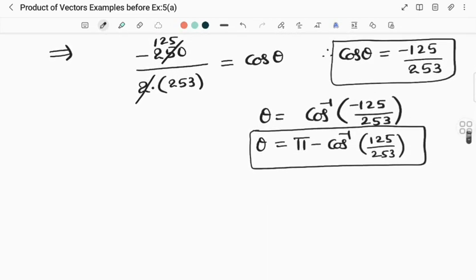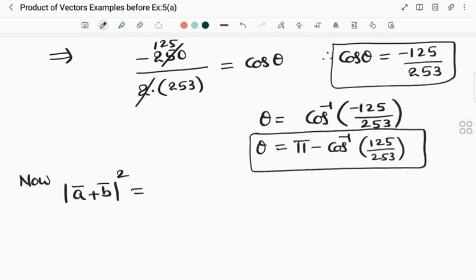For that, the step is to consider mod a bar plus b bar whole square. After that you can take the square root, and the a bar plus b bar value will come. Whenever the modulus of a sum or difference of two vectors is asked, it is better to find the square.